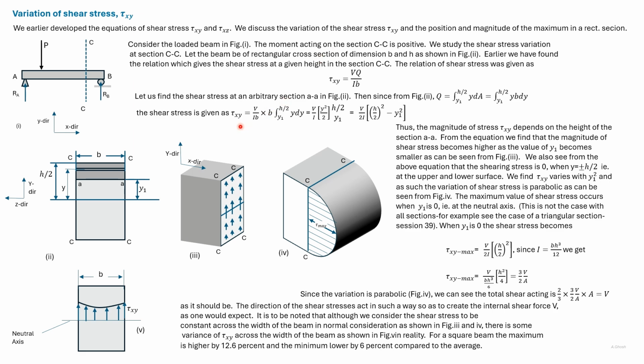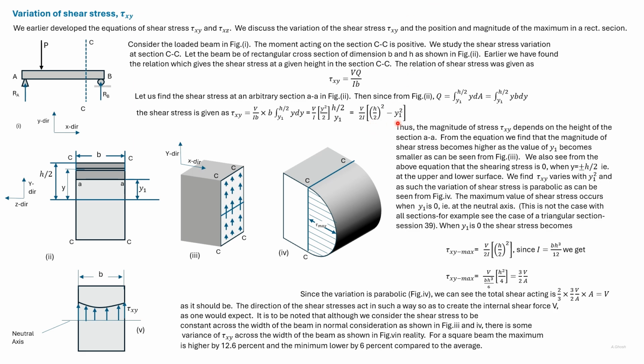Integrating, we get tau xy as equal to V divided by I into y squared by 2 with the limits y1 and h by 2, which gives us this expression for tau xy. If y1 is equal to h by 2, then the shear stress becomes 0. So at this extreme edge, the shear stress is 0.